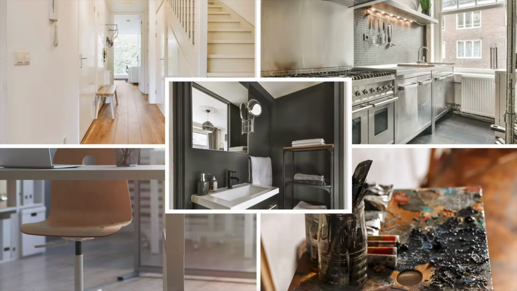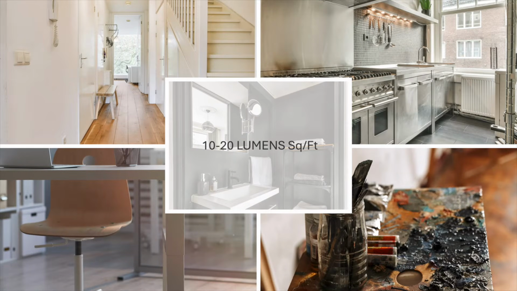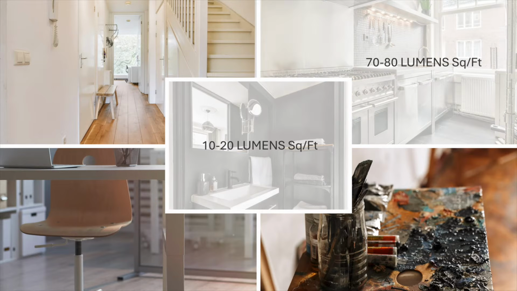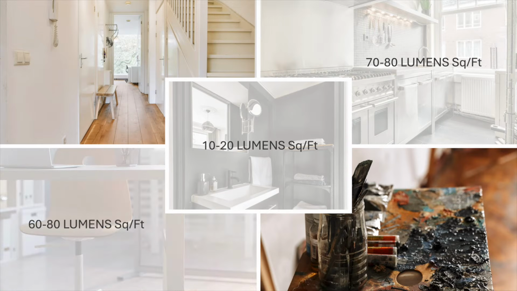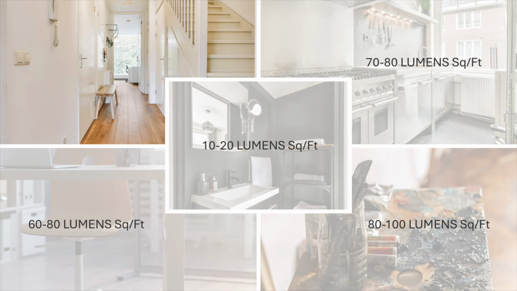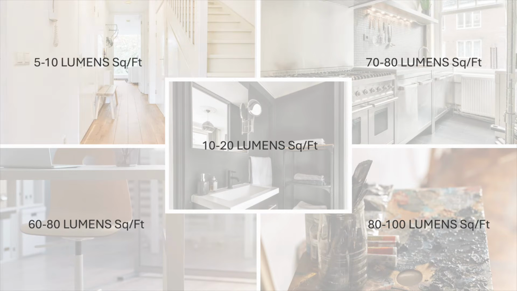For example, experts recommend 10 to 20 lumens per square foot for bathrooms, and kitchens need about 70 to 80 lumens per square foot. A home office usually needs 60 to 80, a workspace 80 to 100, a hallway, which is normally dim, 5 to 10. This should give you an idea of the impact of lumens.